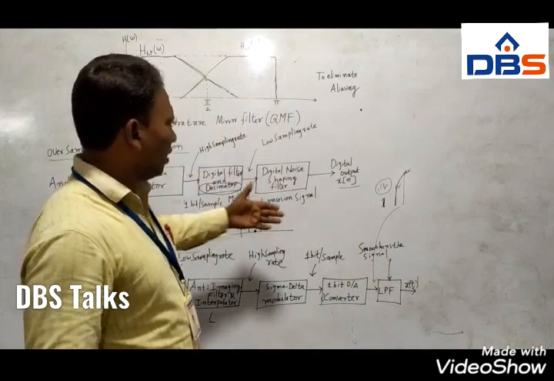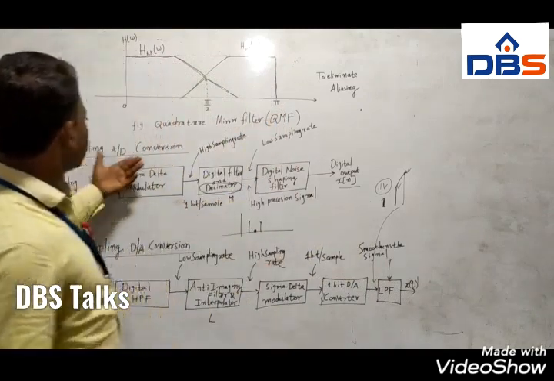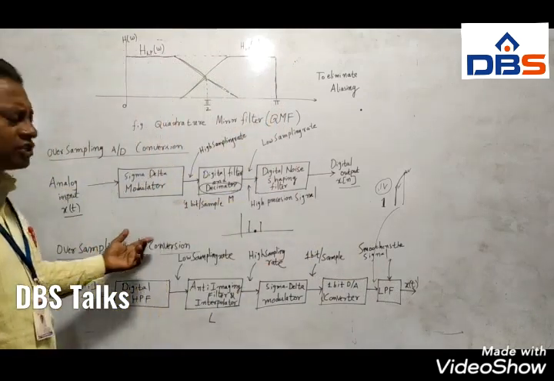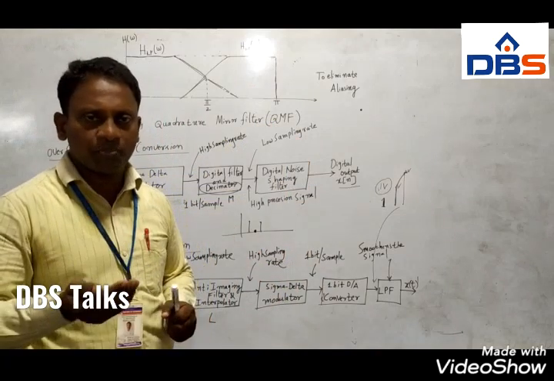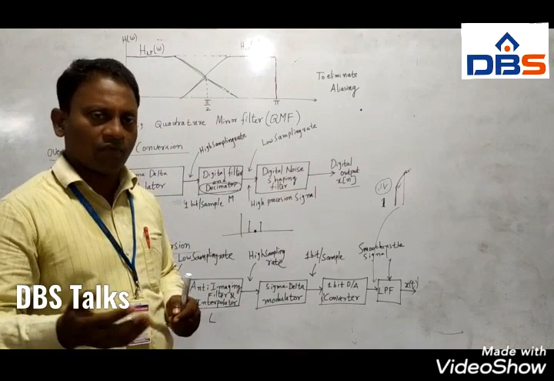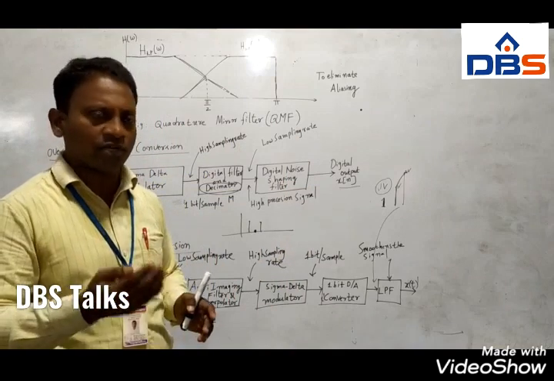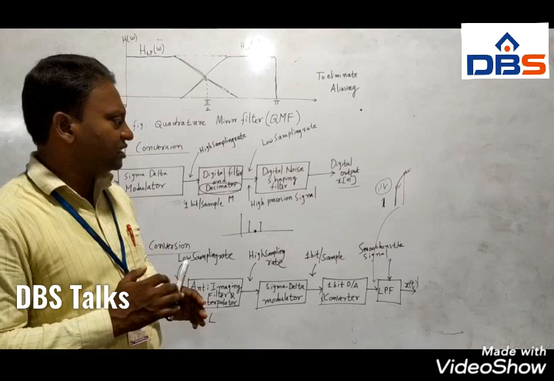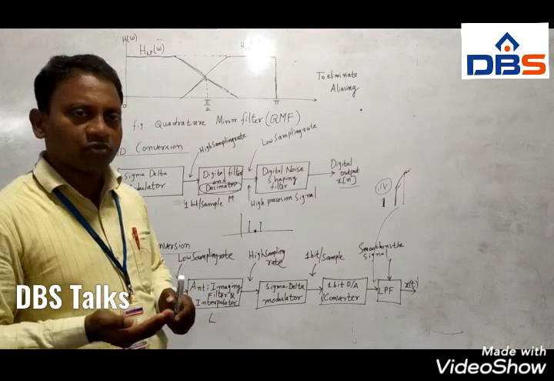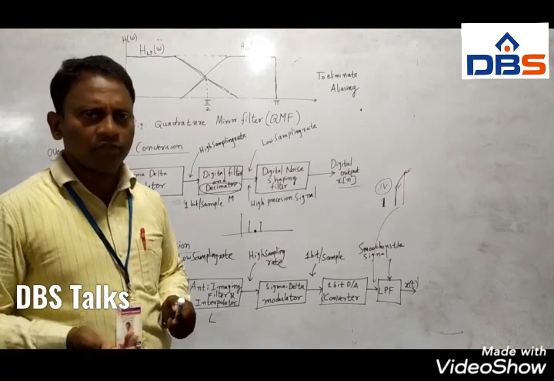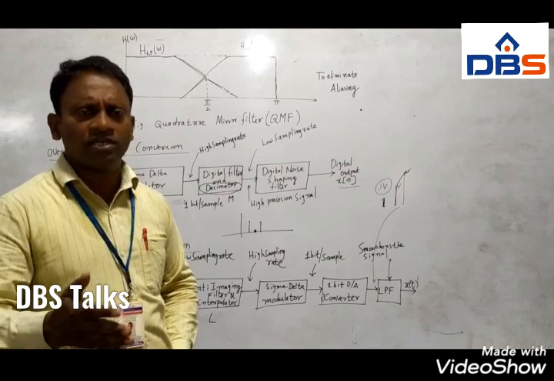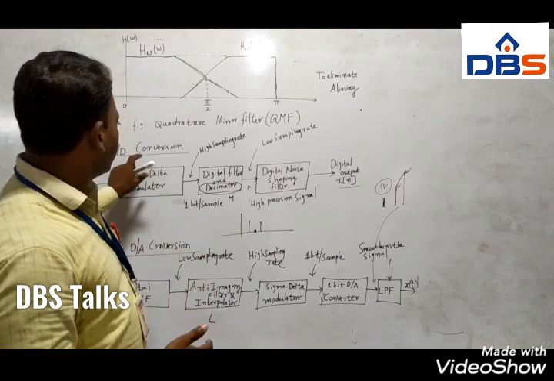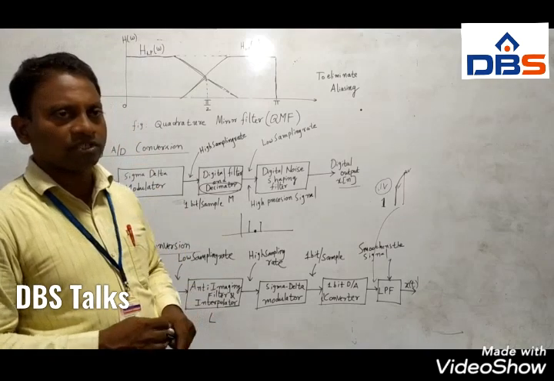So where do we use oversampling A to D conversion and oversampling D to A conversion? In mobile phones, whatever we speak goes to air, and whatever signal is coming from the other side, we receive it. Whatever we speak is a continuous signal, and if we want to transmit it, we have to convert it into digital. In that case, we use oversampling A to D conversion.